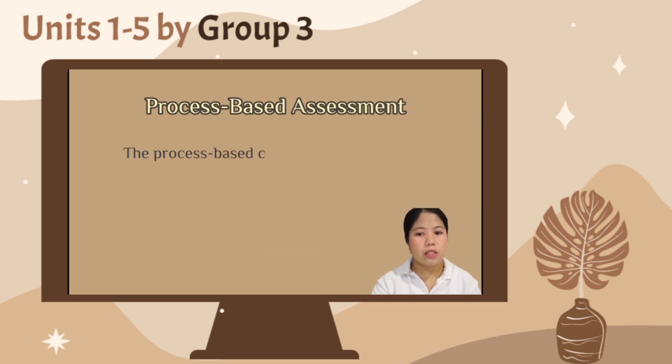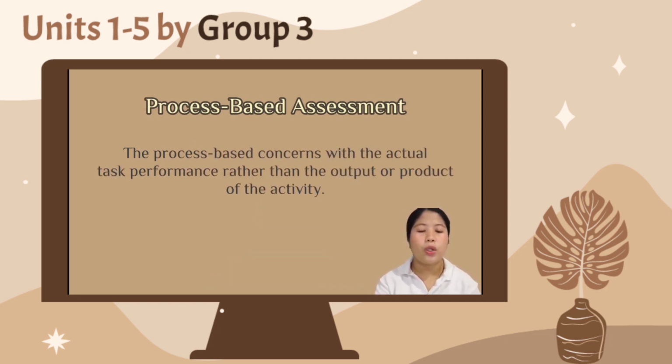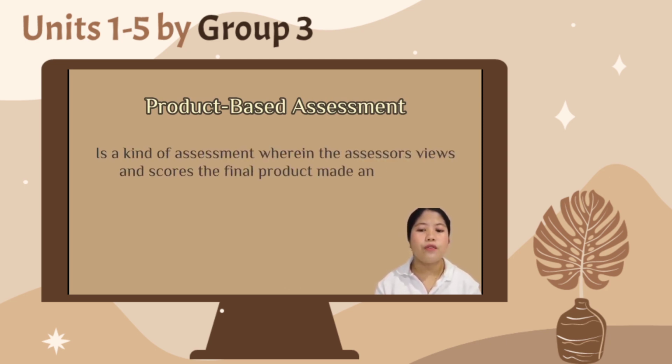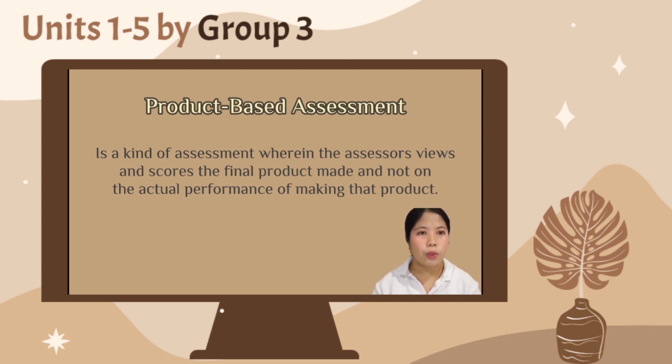The process-based is concerned with the actual task performance rather than the output or product of the activity. The second one is the product-based, which is a kind of assessment wherein the assessor views and scores the final product made and not the actual performance of making that product.